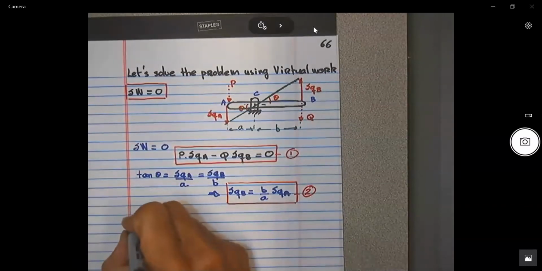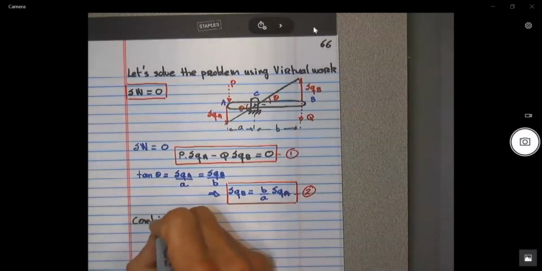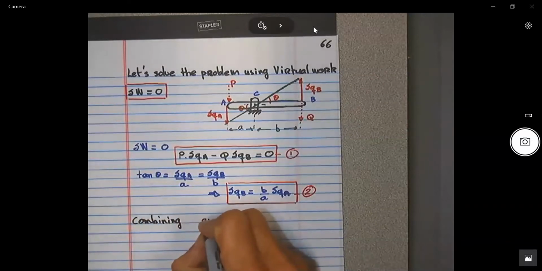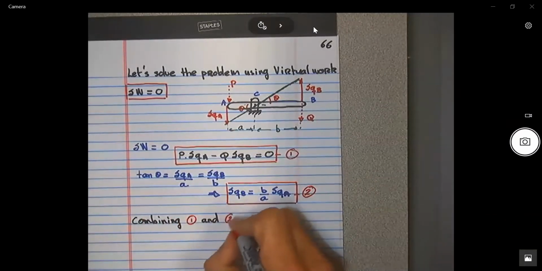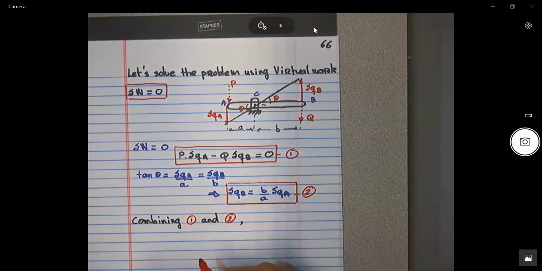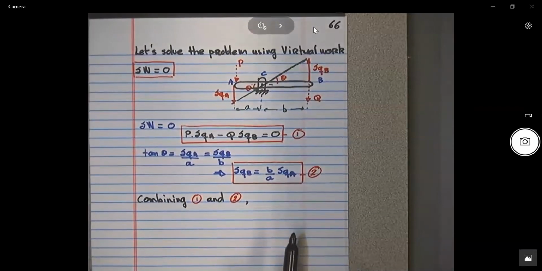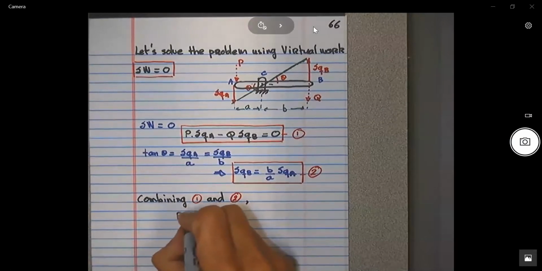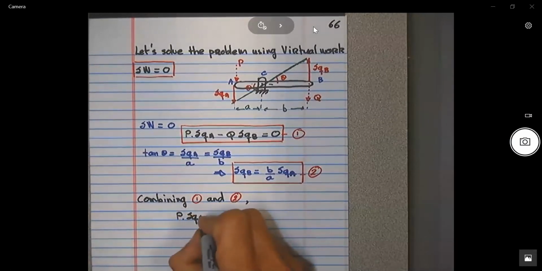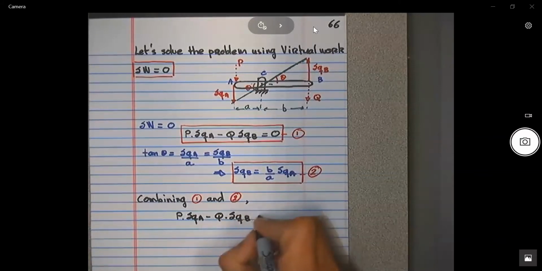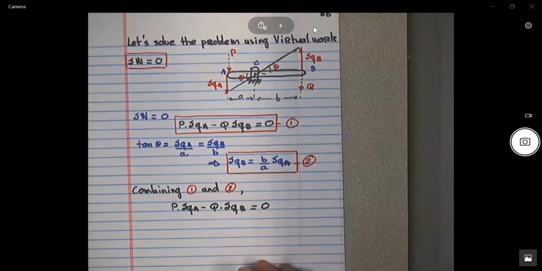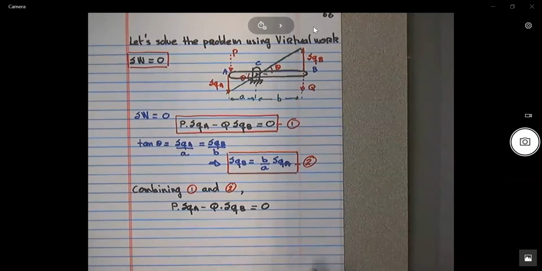Combining 1 and 2, we have the following. We're going to have P delta Q sub A minus Q delta Q sub B equal to 0. Or we can rewrite delta Q sub B using equation 2.